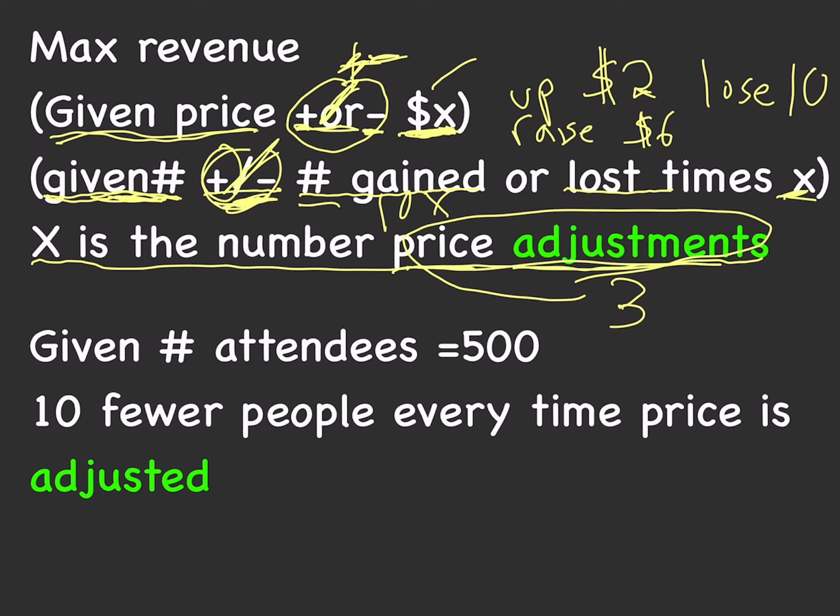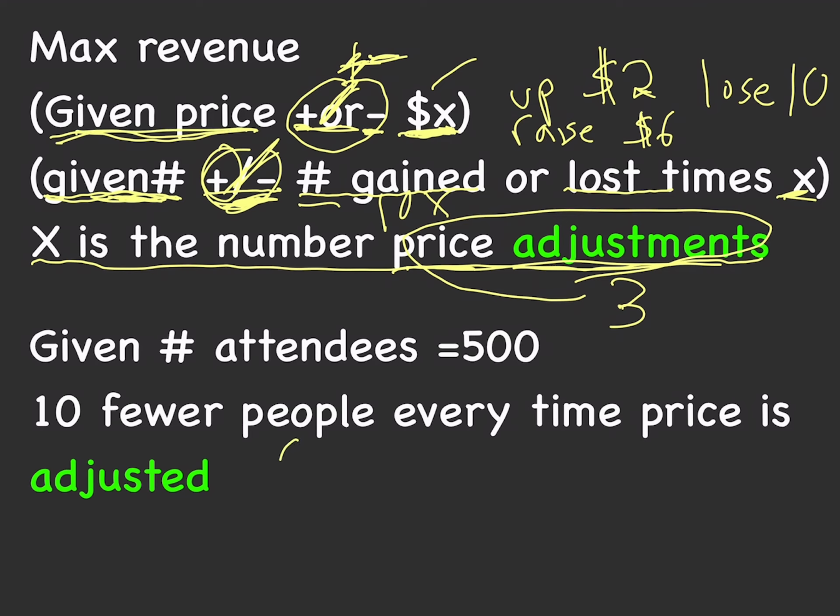All right, so in the situation right here, let's say the company says that they can charge $20 and they will get 500 people. So we're going to start off with the given price.